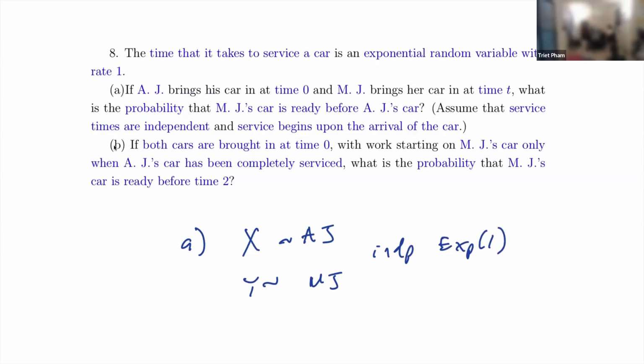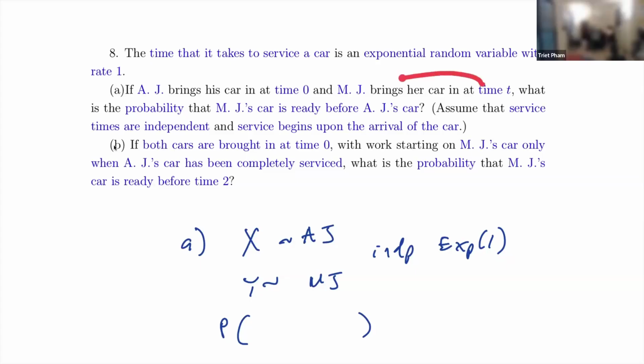So in part A, what probability are we looking at? We want MJ to finish before AJ.